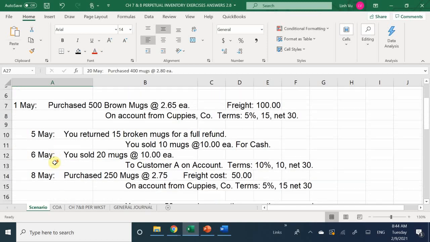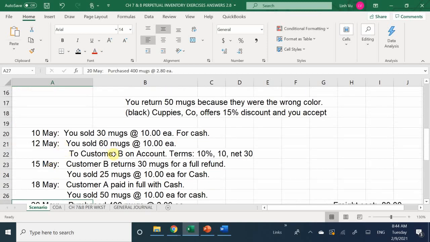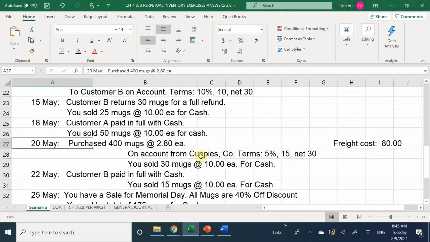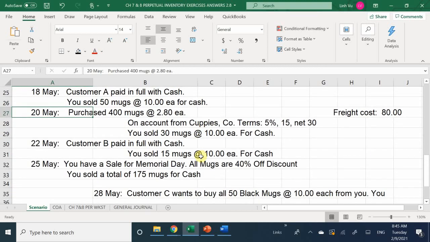So on May 12th, we gave him terms of 10%, 10 net 30. When did he pay us? 22nd. 22nd. And how many days is that? 10 days. That's exactly 10 days.